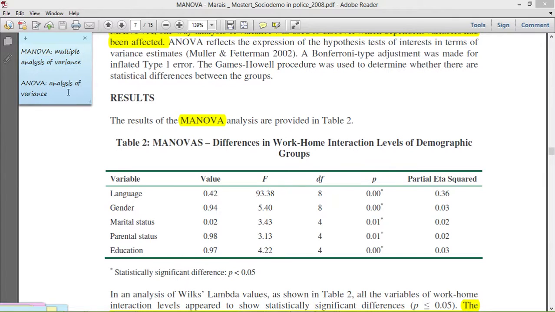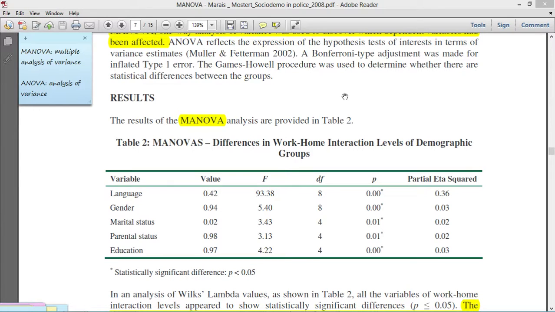So a person might become confused if they look for ANOVA but don't know that it refers to analysis of variance, and then while reading the article they don't see ANOVA and start to panic. So, like I said, MANOVA refers to multiple analysis of variance. ANOVA refers to analysis of variance.